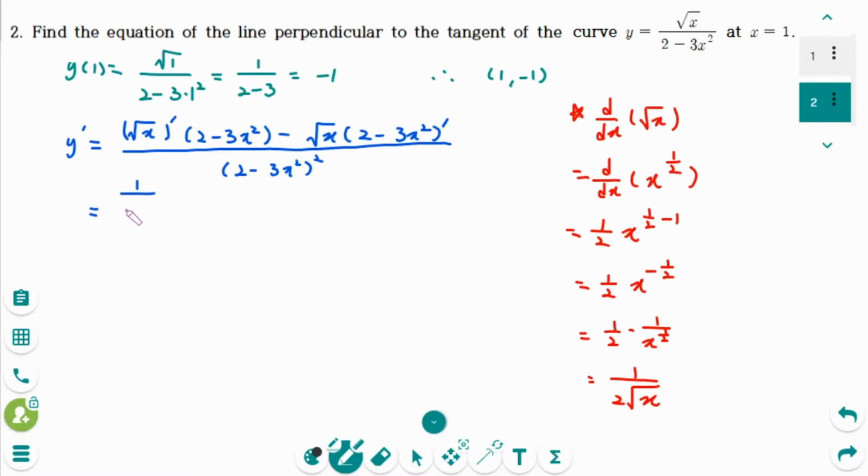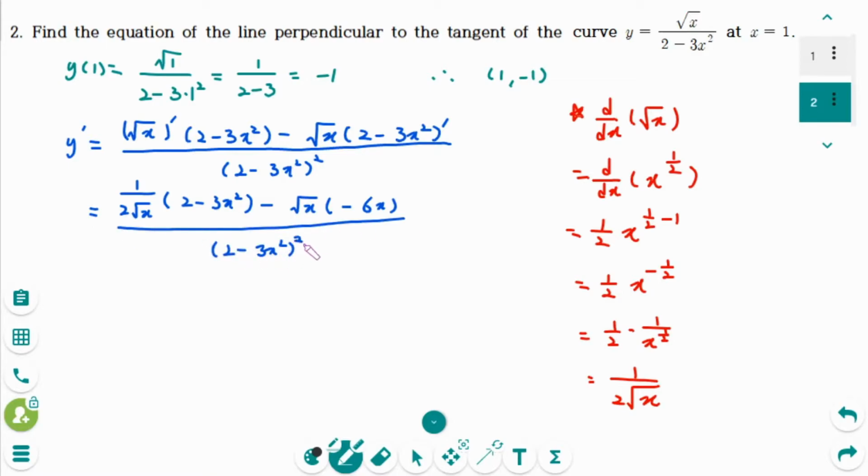1 over 2 square root of x times (2 minus 3x squared) minus square root of x times minus 6x, over (2 minus 3x squared) squared.